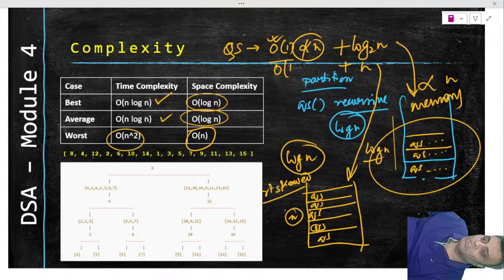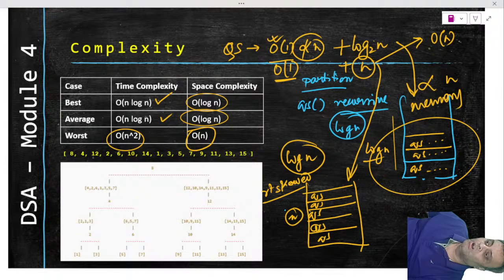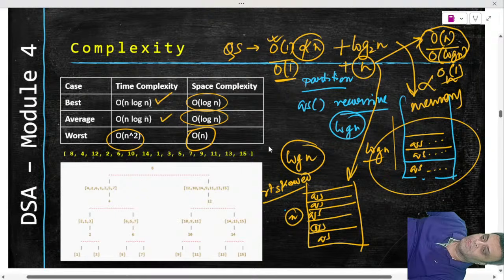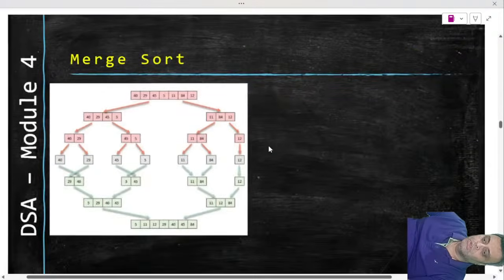Hence the overall order becomes order of n or order of log n, because it is always greater than order of 1, and whatever is greater will be taken. So you can have order of n in the worst case or order of log n in the best and average case from a space complexity standpoint. So that was quicksort for you.